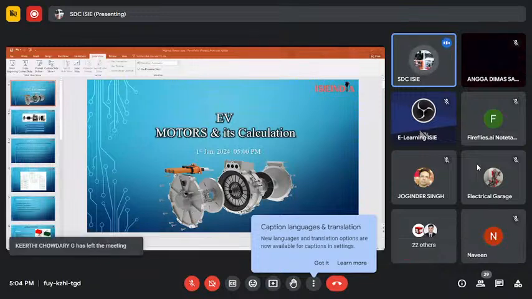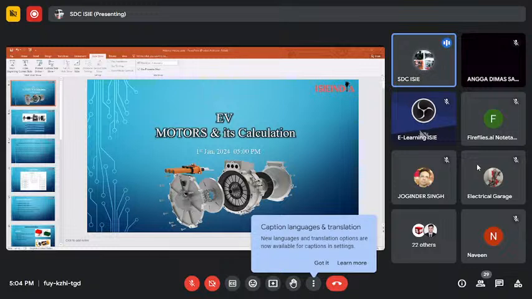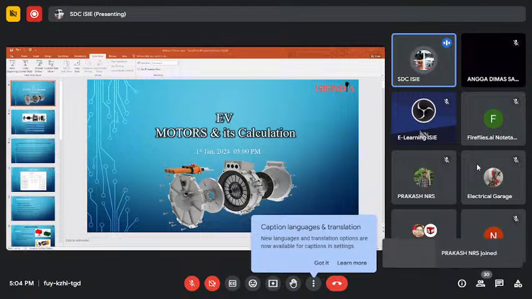So what is a motor? An electric motor is used to convert electrical energy into mechanical energy, right? It is just a device which converts electrical energy into mechanical energy. Just like our bulb. What does a bulb do? It converts electrical energy into light energy.